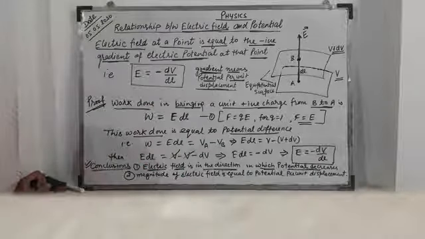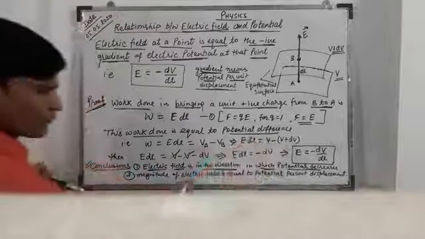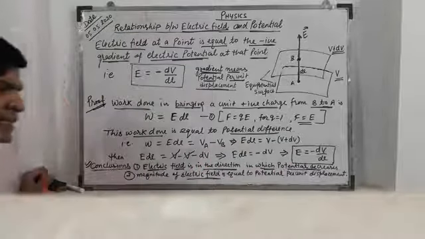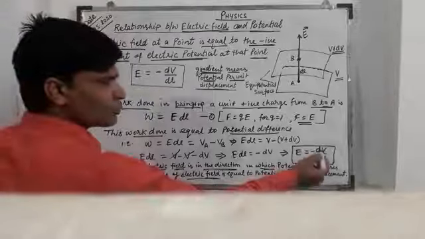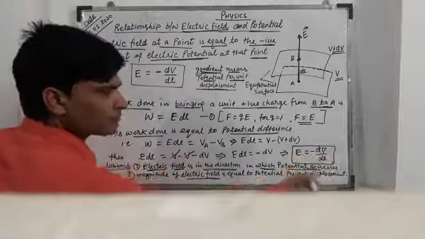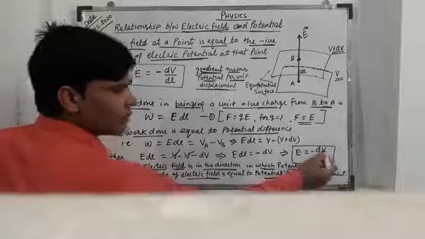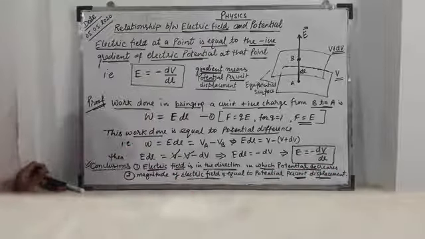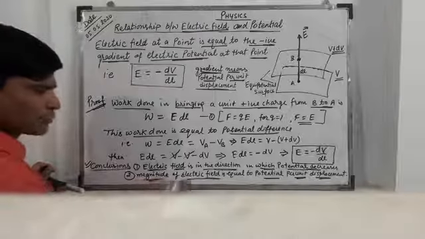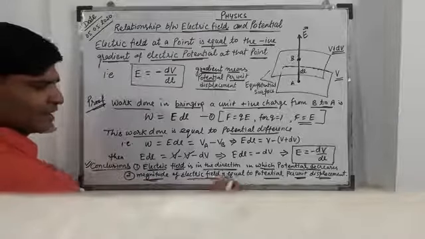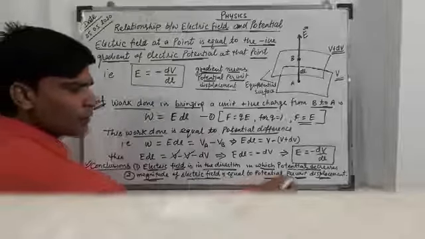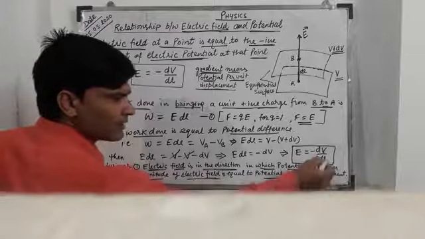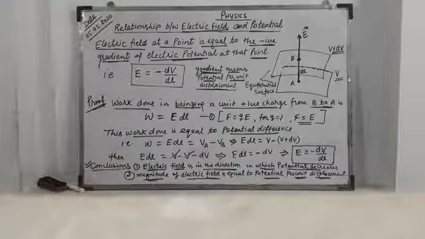The second conclusion is that the magnitude of electric field is equal to potential dV per unit displacement dl.